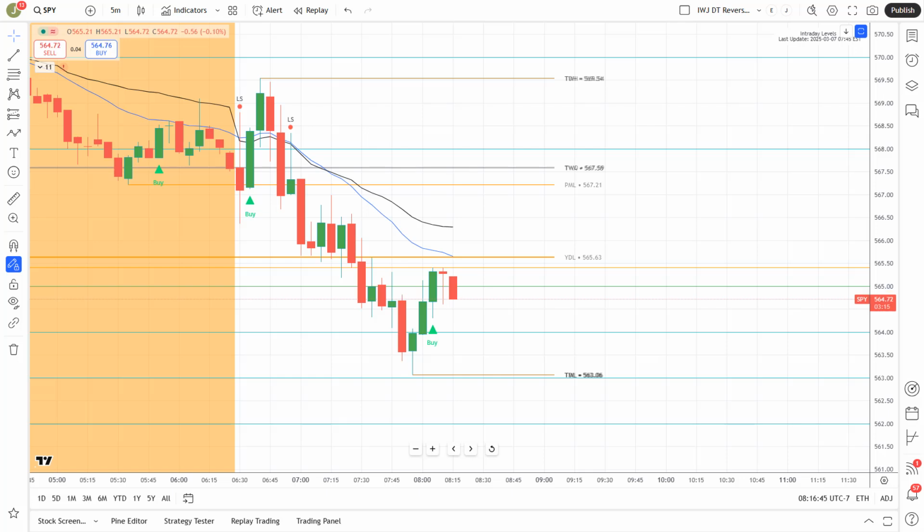So the strength of the overall move down is weakening a little bit. So we do want to keep an eye on that because that's a kind of under the hood indication that things are not as strong to the downside as people believe.